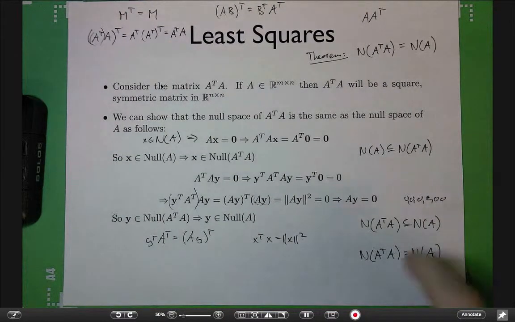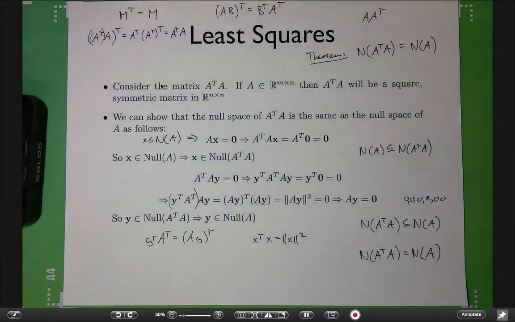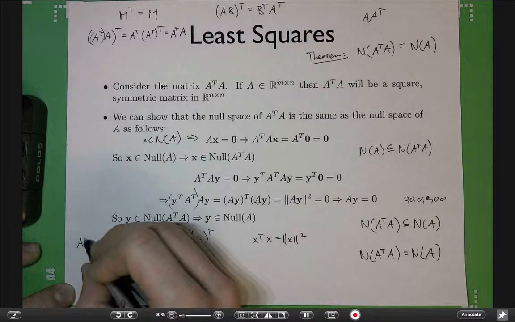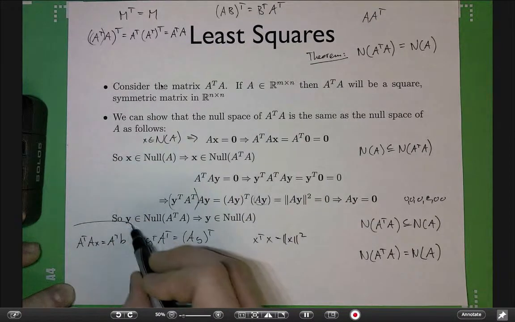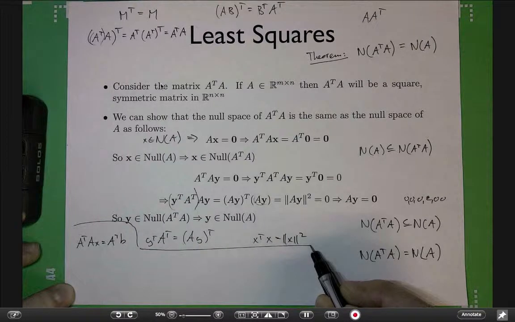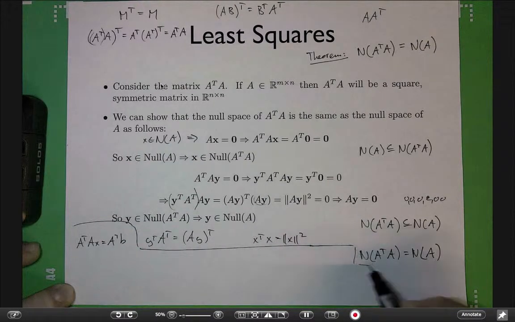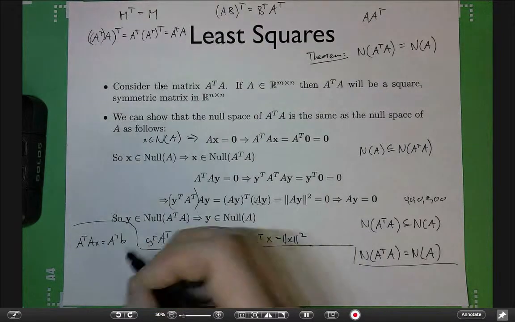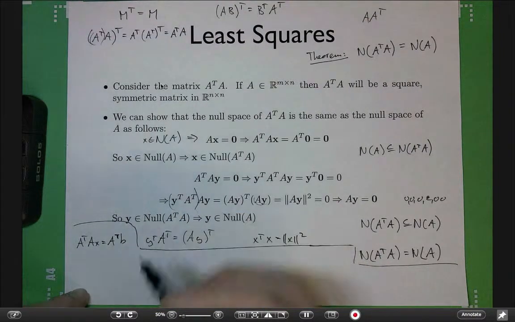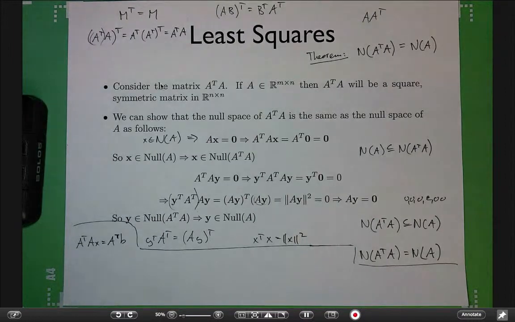This property will have a number of important consequences for linear least squares. One of them is that you can now purely algebraically prove that this system, AᵀAx equals Aᵀb, always has a solution. I just want to make some space here because I don't want to go away from this yet. So how do I prove, purely algebraically, that this always has a solution?